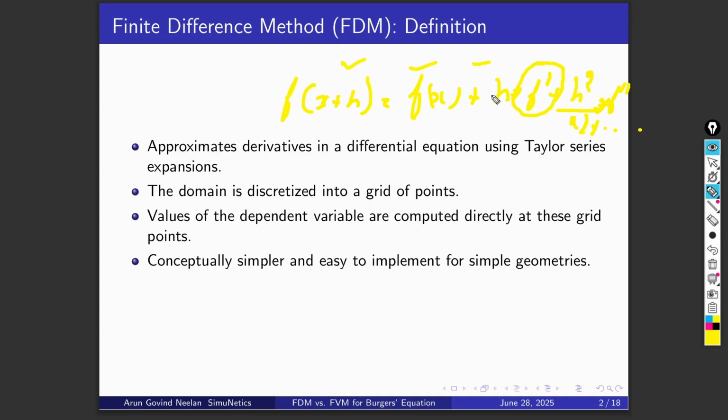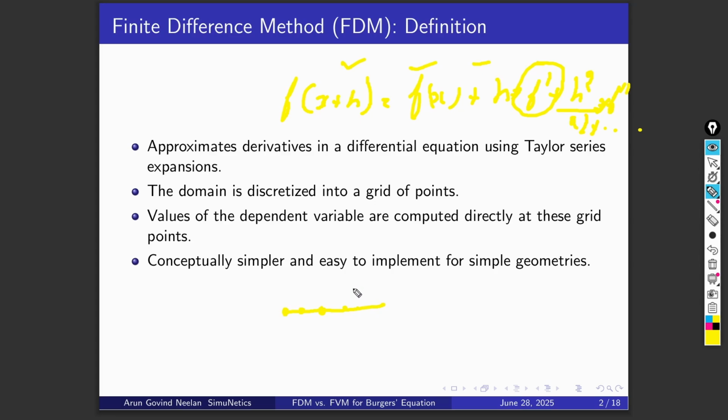If you eliminate this f dash and those things, it's just an algebraic equation, which is relatively easy to solve. That's why we use the finite difference method. In finite difference, we divide the domain into small grid points and we solve it over the grid points.